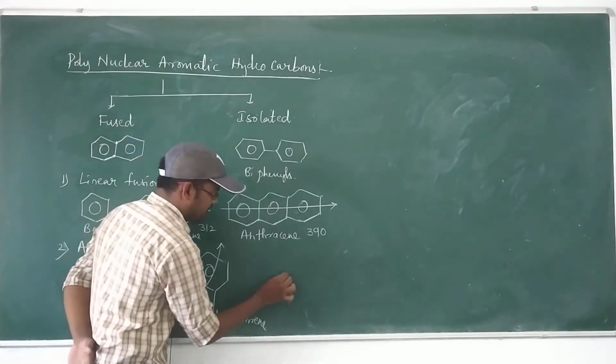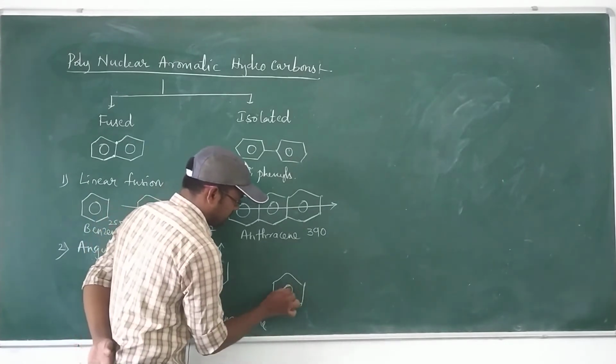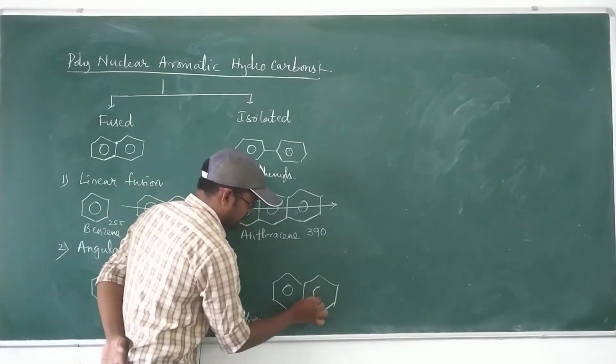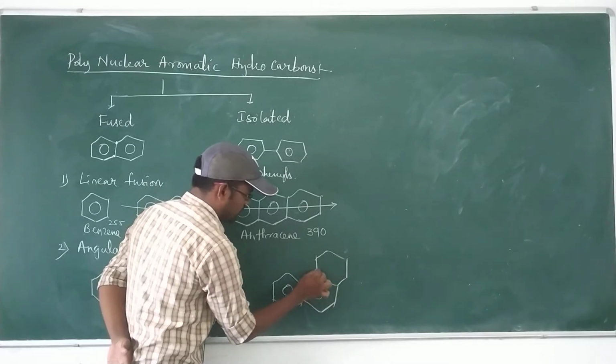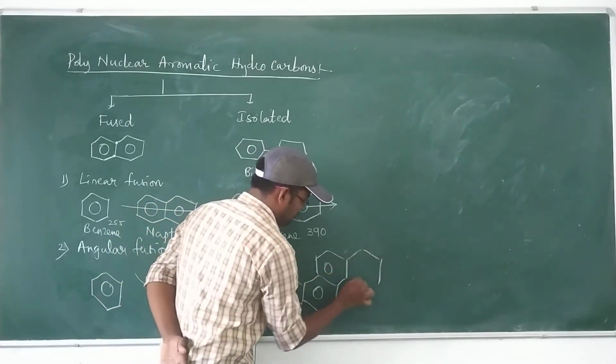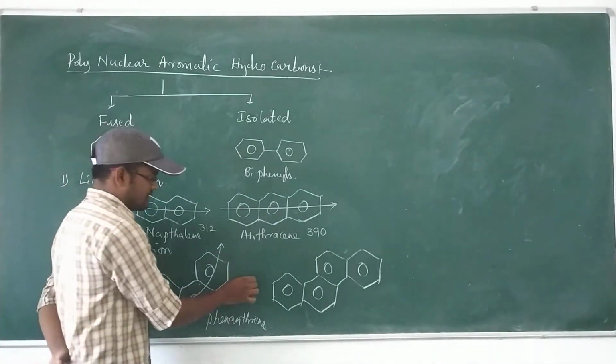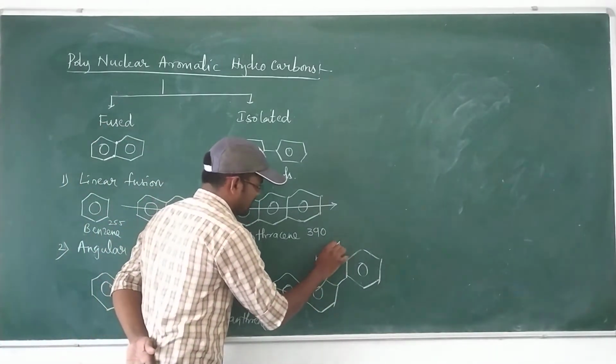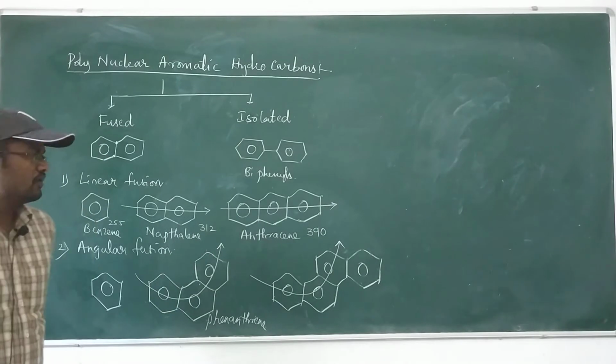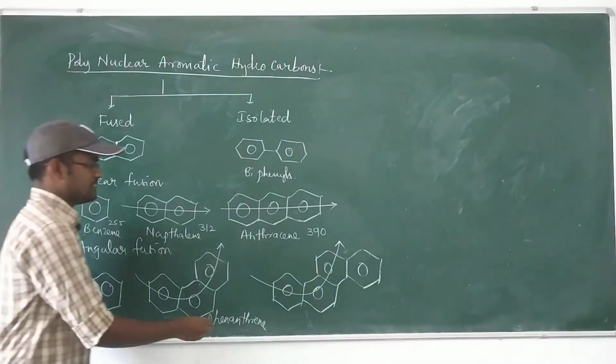The next example is chrysene. Two rings, third ring, and fourth ring. Chrysene has angular fusion bonding. So this is chrysene.